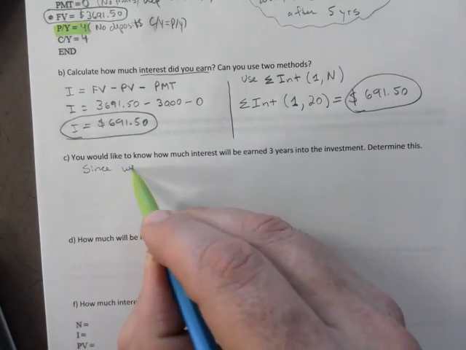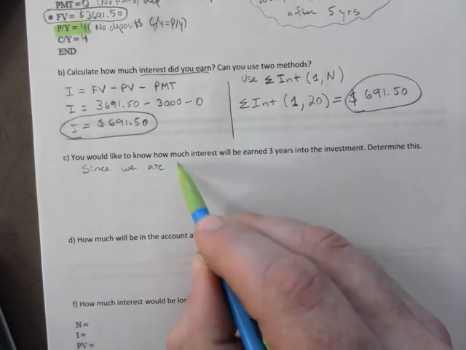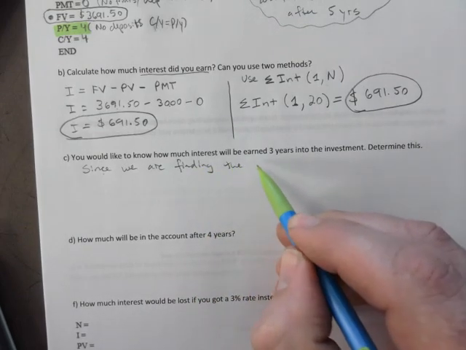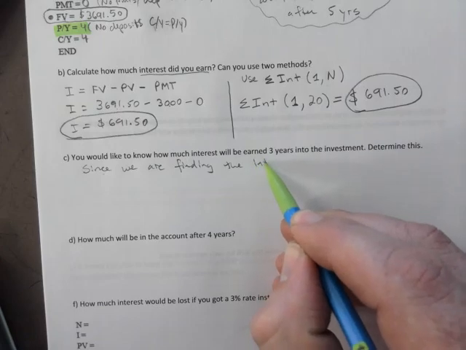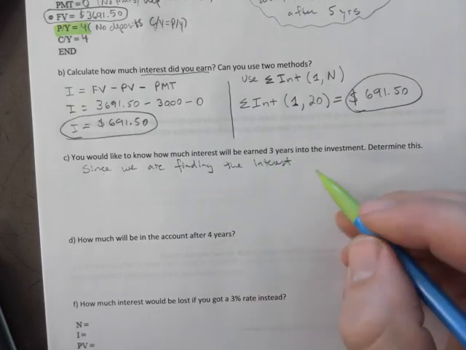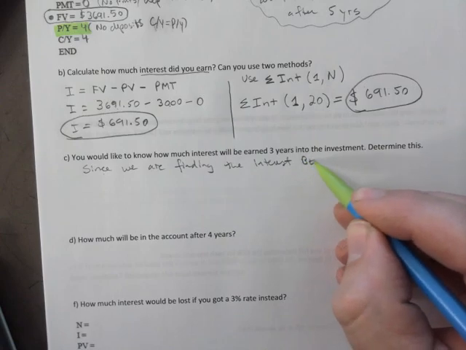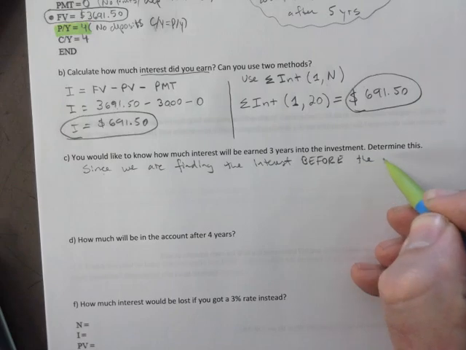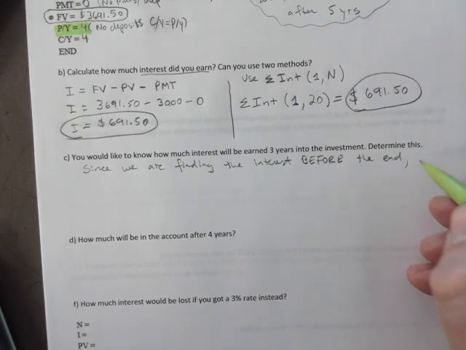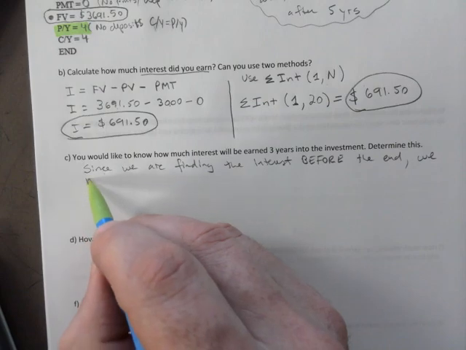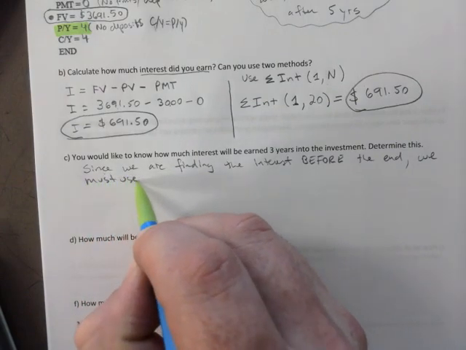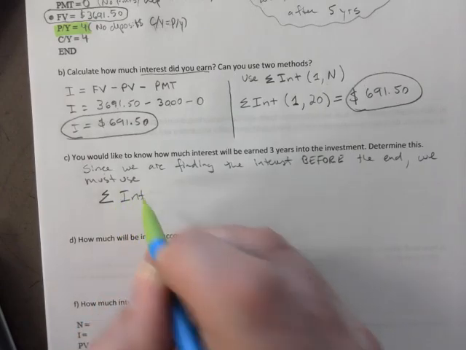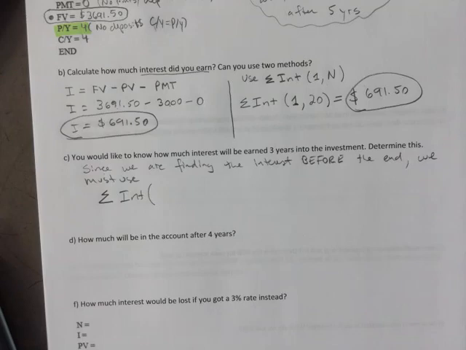Since we are finding the interest before the end, we must use sum of interest. You have to. You have no option in this case anyways. You have to use sum of interest.